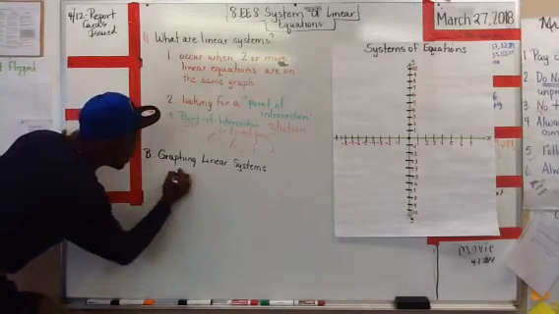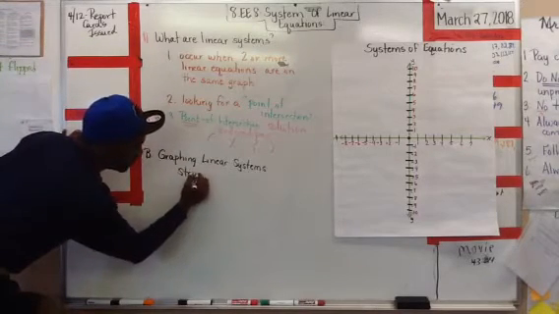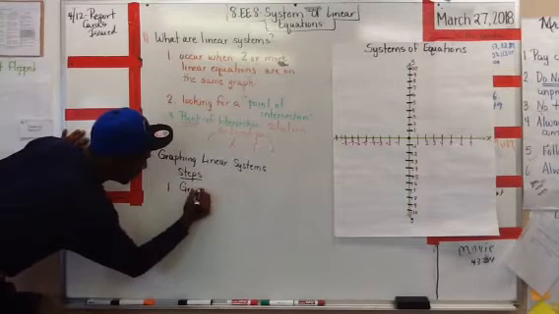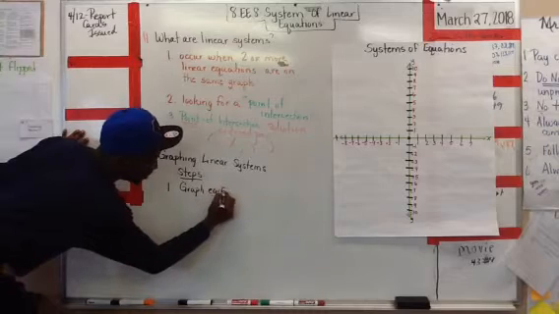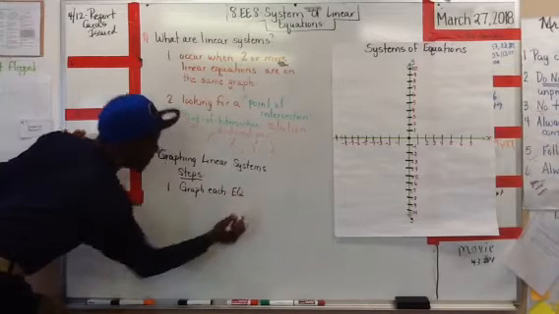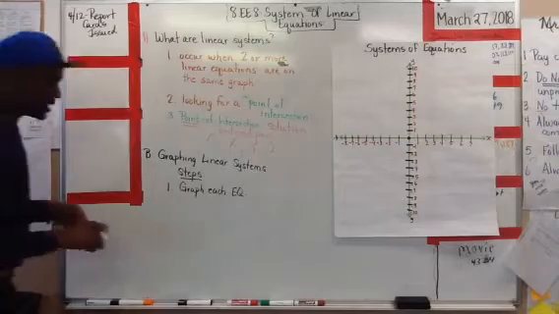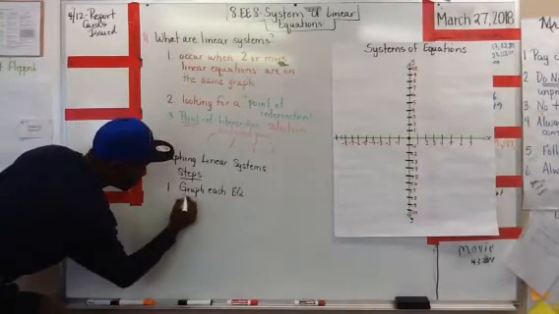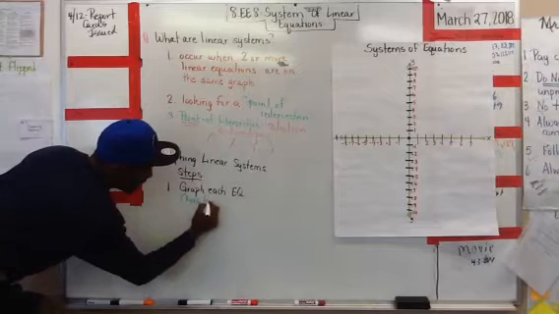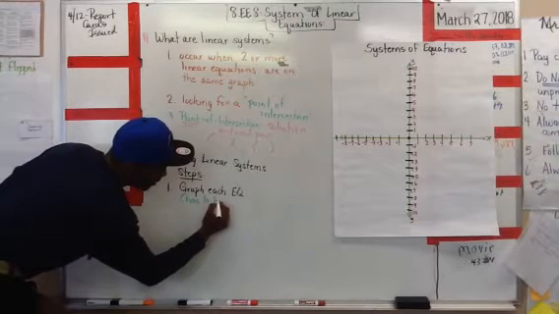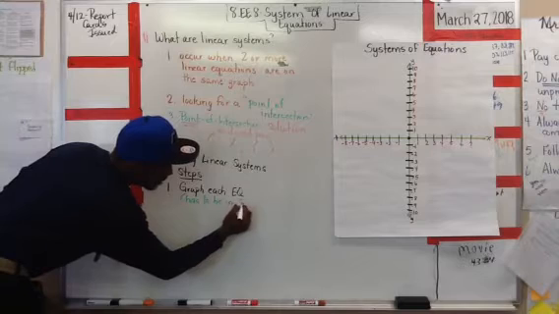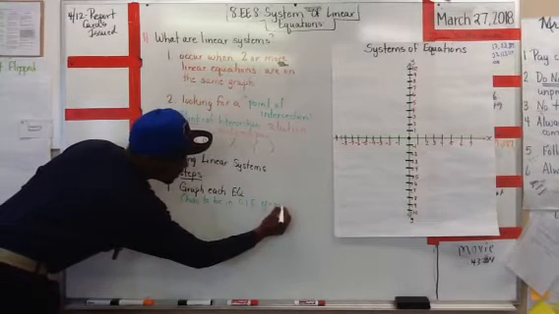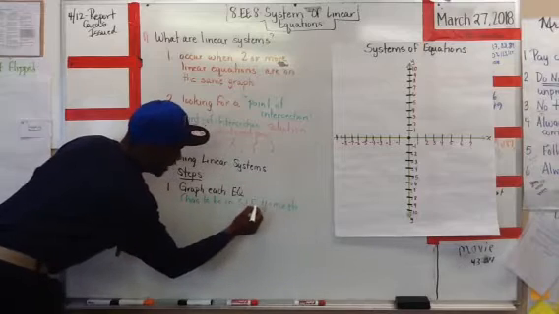So your step one is to graph each linear equation. Make certain that it's in slope-intercept form. You cannot graph it if it's not in slope-intercept form. And that's y equals mx plus b, for those of you that forgot.